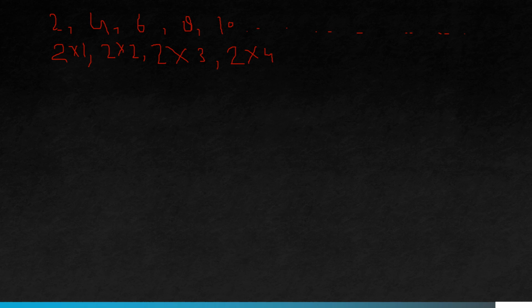So what you are observing, okay, this 2 remains constant. 2 is here, 2 is here, 2 is here, 2 is here, right? But this 1, 2, 3, 4 is always changing, and this is increasing by 1, 2, 3, 4, right?